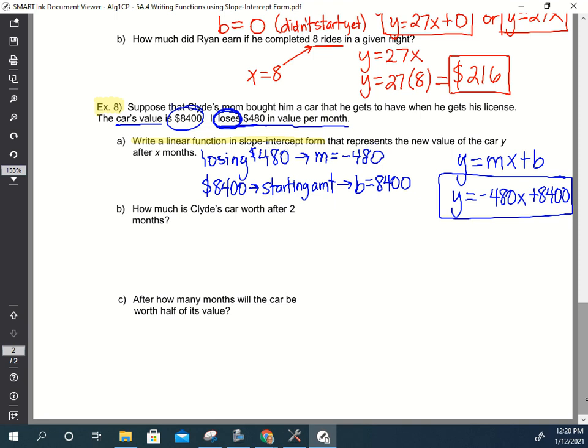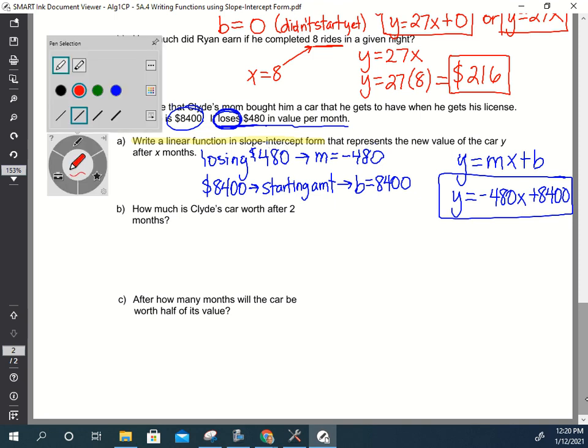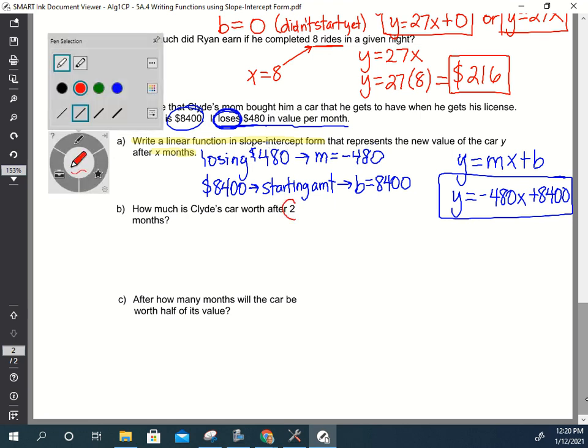So part B. How much is Clyde's car worth after 2 months? So they told you in the problem that x represents months. So what are we going to do with this 2 now that we have this equation?